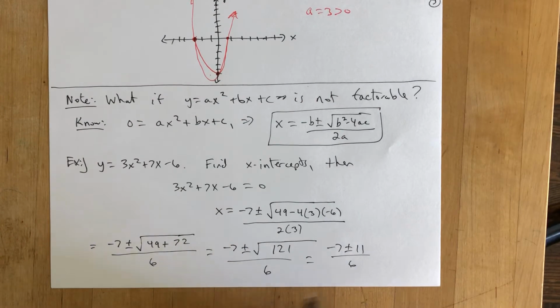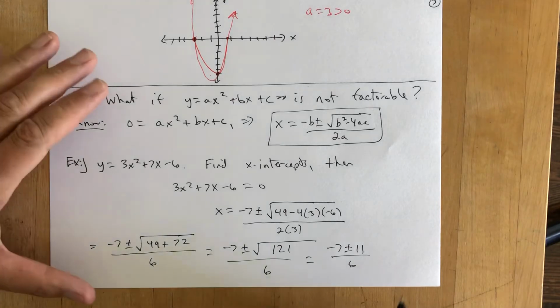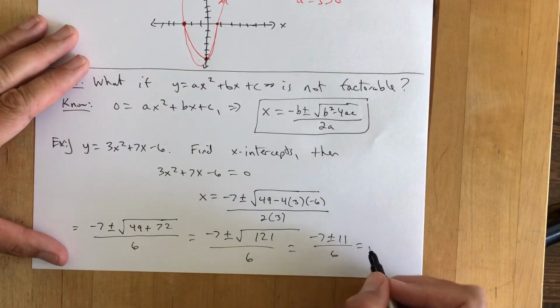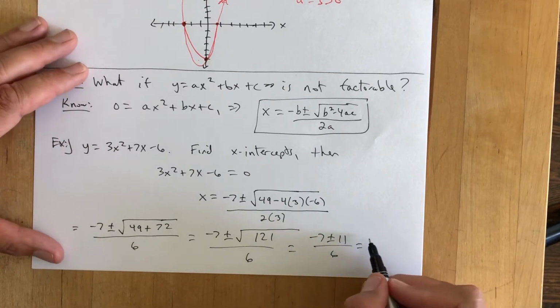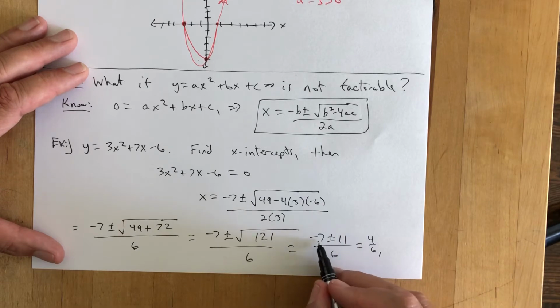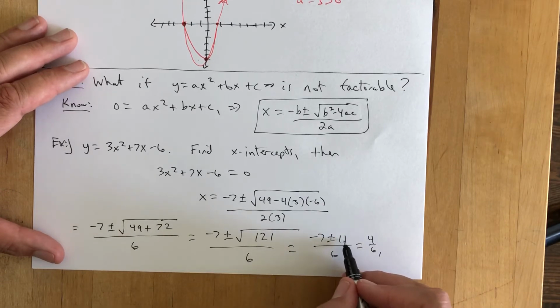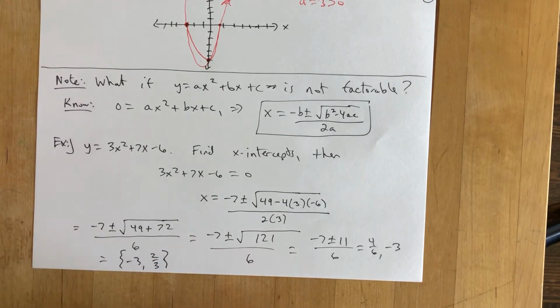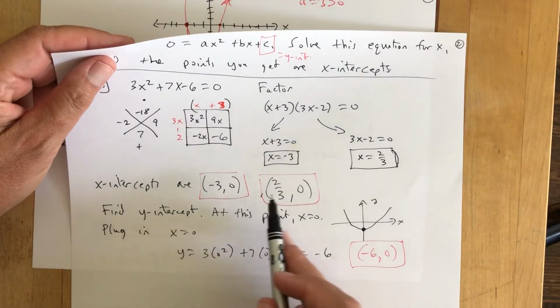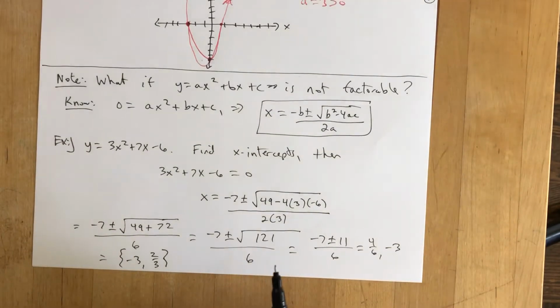Is that right? 9, 10, 7. Yeah. So minus 7 plus 11 is 4/6. And minus 7 minus 11 is minus 18, so it's minus 3. So you get minus 3 and 2/3 for your x values. And sure enough, that's minus 3 and 2/3. So it matches, right? Has to. We're doing the same operation.